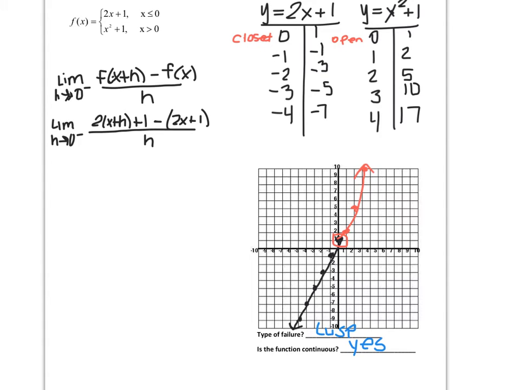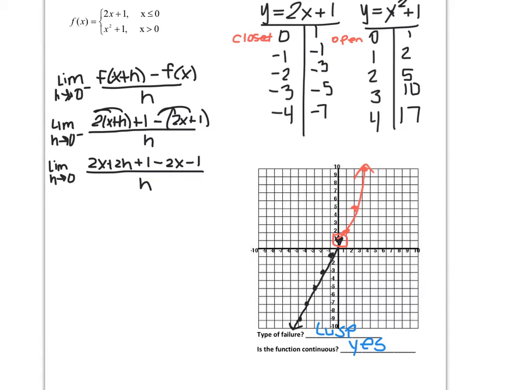So let's simplify this a bit by distributing the 2 and distributing this -1. So we've got 2x plus 2h plus 1 minus 2x minus 1 all over h. And again, we're going to take the limit as h approaches 0.